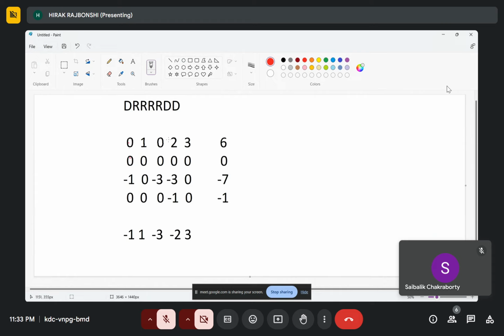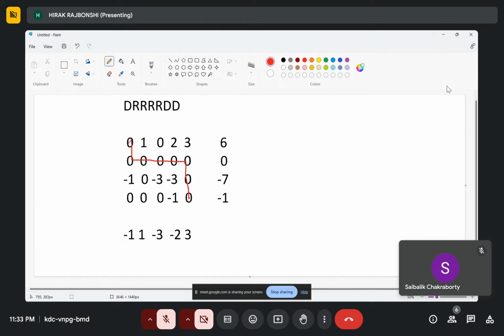For example, if we take the row sums and column sums before doing anything, assuming these are 0 0 0, this will be 6, then this is 0, then this is minus 7, and this is minus 1. Same for columns: this one will be minus 1, 1, minus 3, this will be minus 2, and this will be 3. Okay, so now our path is this.